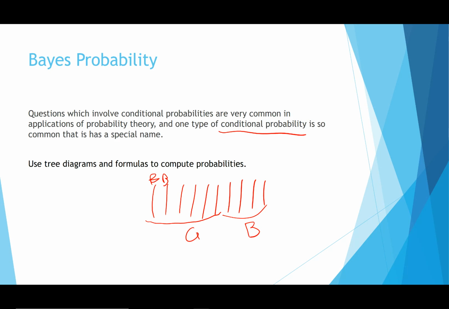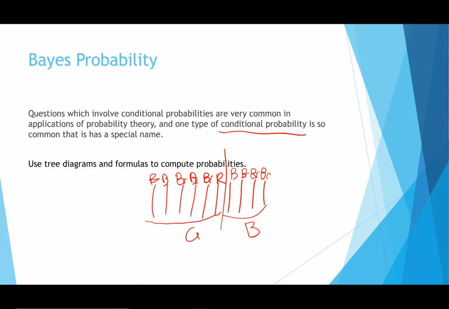Man, so many hair colors start with the letter B, I just realized. Brunette, blonde, brown. Let's just say brunette's BR. So 3 of them are brunette, and then 1 has red hair. And for the boys, let's say 1 of them is blonde, and the other 3 are brunette or brown hair.